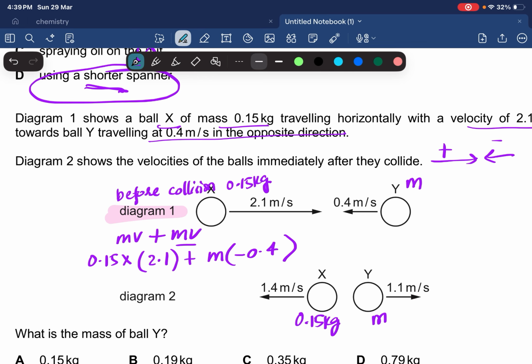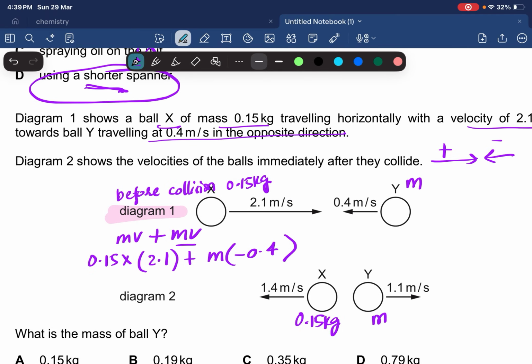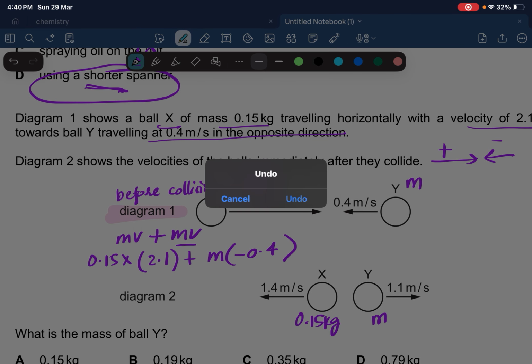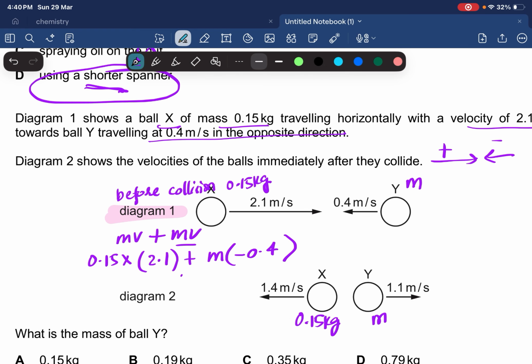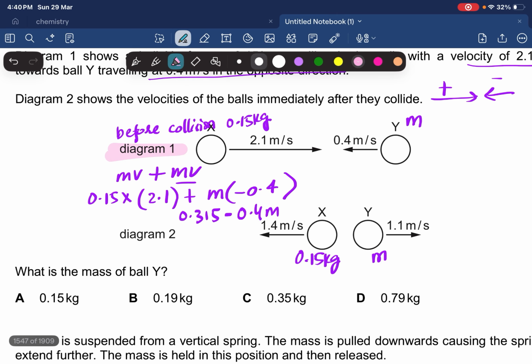So what's my expression for the total momentum before collision? It's 0.15 times 2.1, which is 0.315, minus 0.4 m.